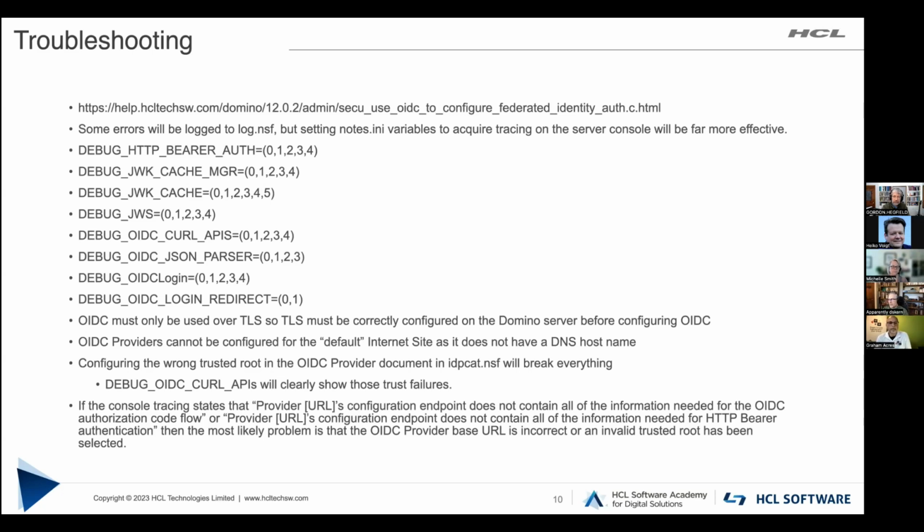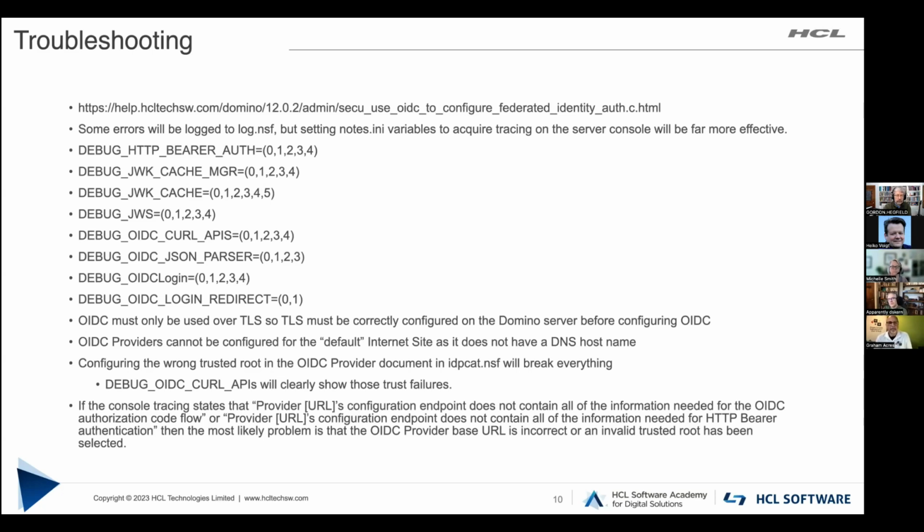In some of the early access drops that we had for 12.02, we had issues where people were configuring the full dot well-known / OpenID configuration URL in their base URL, and we were rejecting it because we were appending that well-known URL on the end again. We've fixed that in 12.02 Gold.